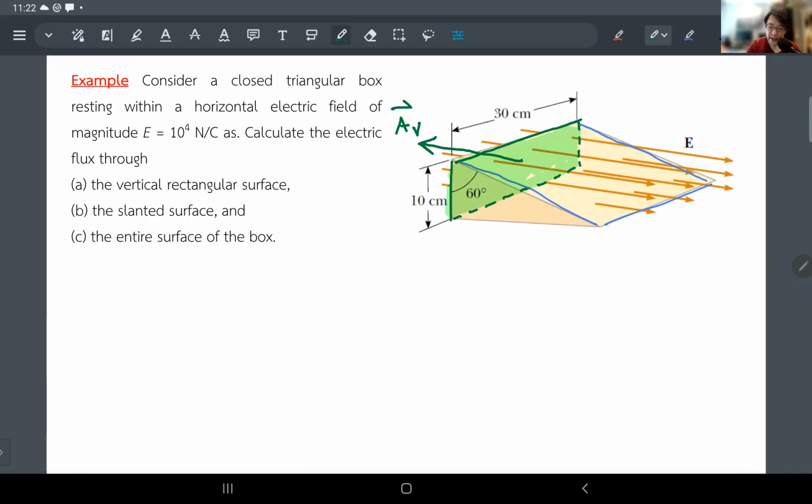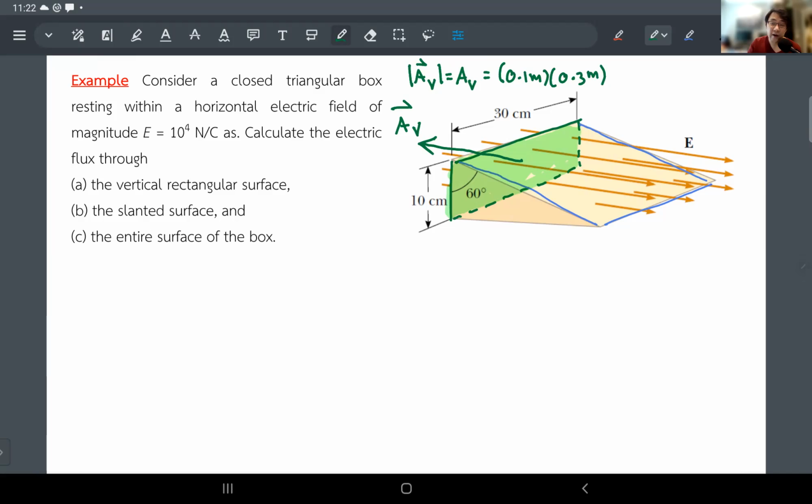Okay. And I can write it in a different fashion over here. I can say the magnitude of the A vertical, which can be written as A subscript V without the arrow on top, is going to be just the height times the length. So it's going to be 0.1 meter times 0.3 meter. You guys with me? That is just the magnitude of this area, the green surface area right here.